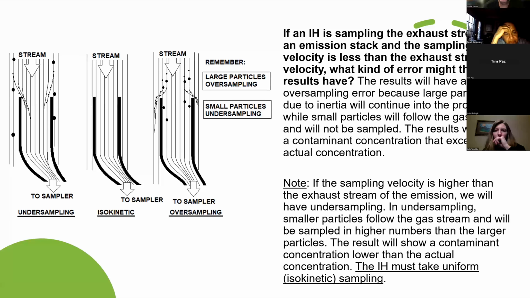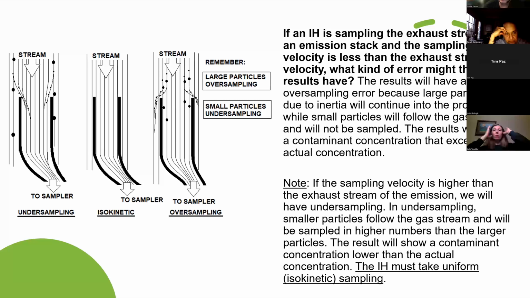The result will show a contaminant concentration that exceeds the actual concentration. That's basically why you have to match the sampling flow with the particle flow that you are sampling from. Usually it might be a pipe or an air draft somewhere. So that's important.